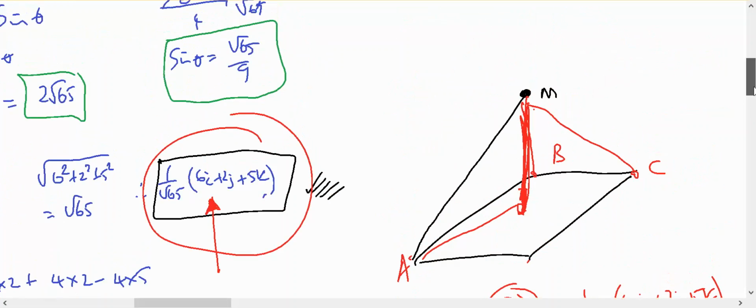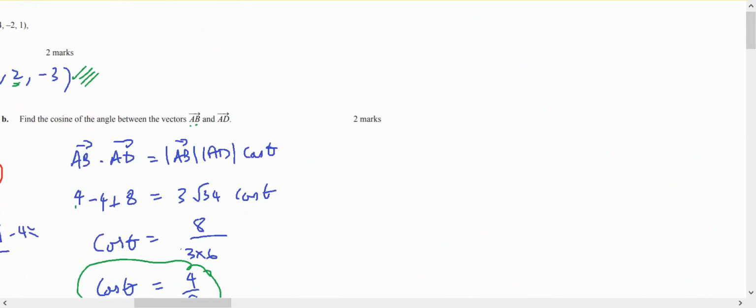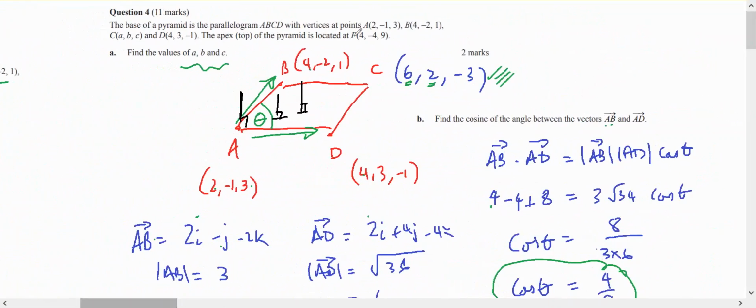So AM will be, if I can find my values, this is M, I'm using M, but it's actually P. But so AP will be 4 minus 2 or 2i, minus 4 minus 3 is minus 3j, and 9 minus 3 is plus 6k.